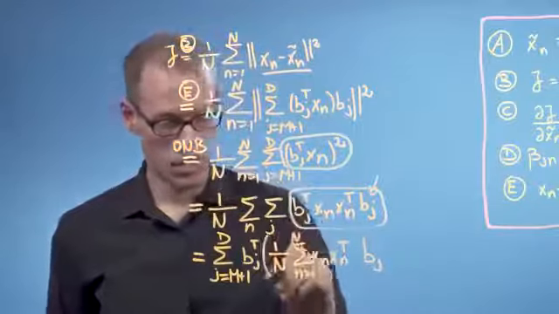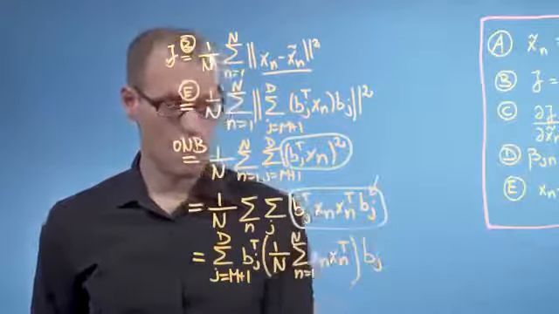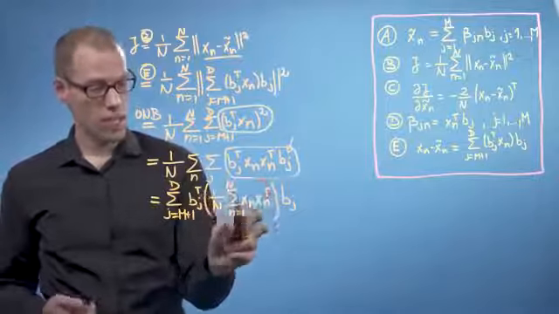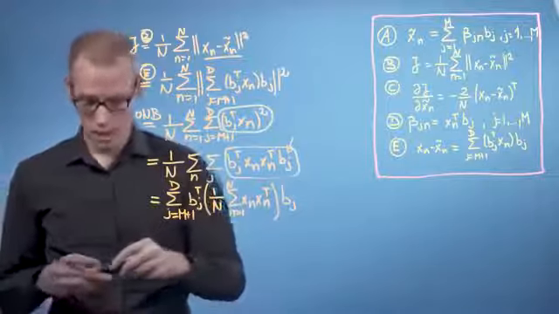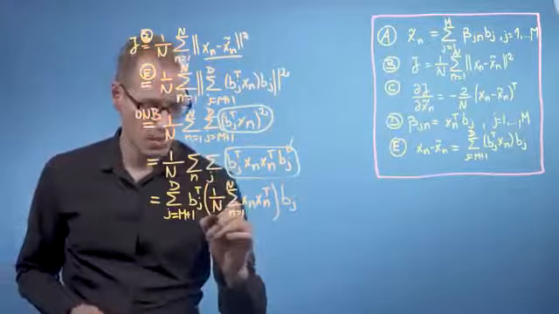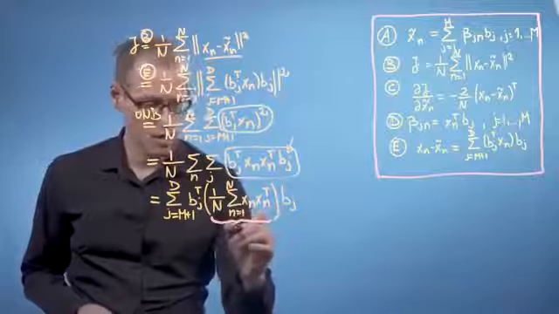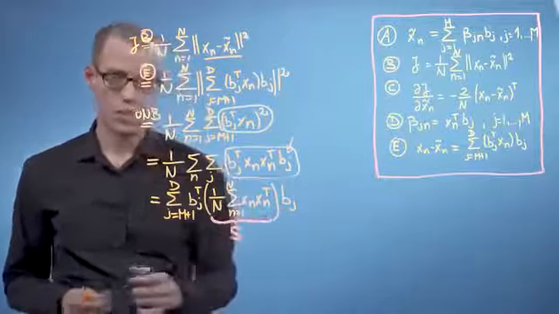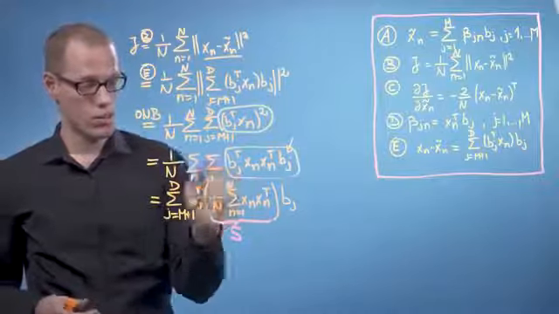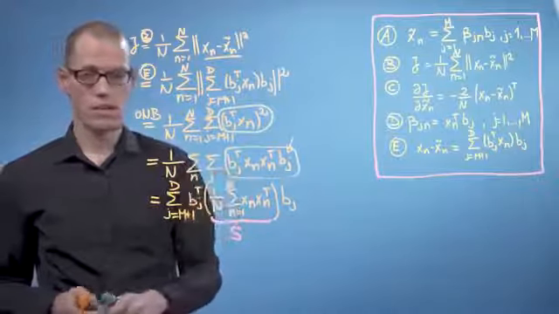So I'm going to bracket it now in this way. And what we can see now, if we look very carefully, is that we can identify this expression as the data covariance matrix S, because we assumed we have centered data. So the mean of the data is 0.